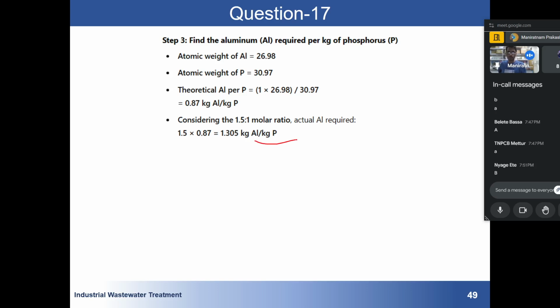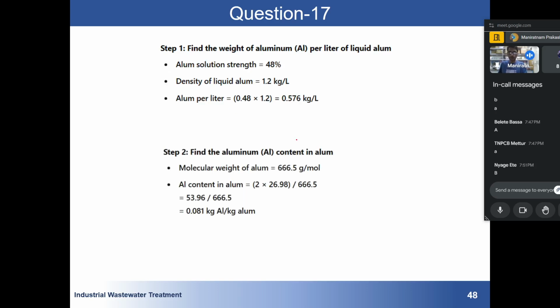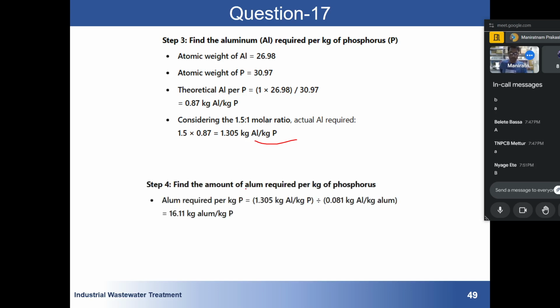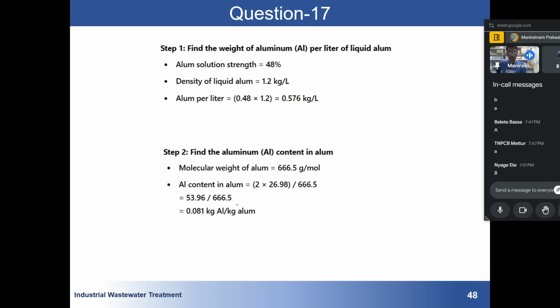per kg of phosphorus. So we have already found out two things: the aluminum content in the alum, and the amount of aluminum per phosphorus. For per kg of phosphorus this much aluminum is required, and for per kg of alum this much aluminum is obtained.